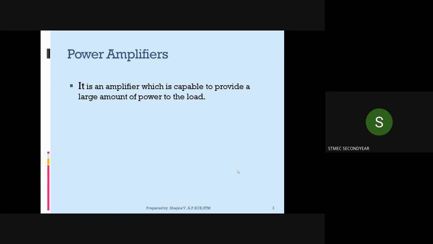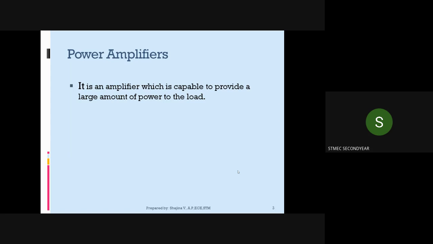So in order to obtain high power gain at the last stage, in order to get this very large power, okay, so loudspeaker, motor, devices like this require a very large power. So in order to provide that very large amount of power, we require a power amplifier at the output stage.